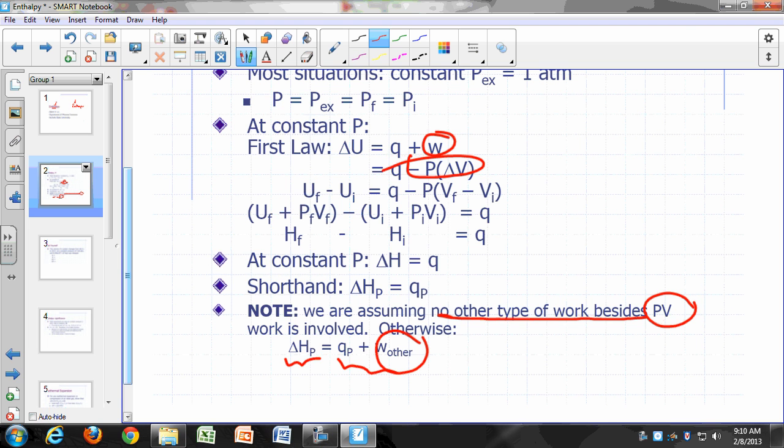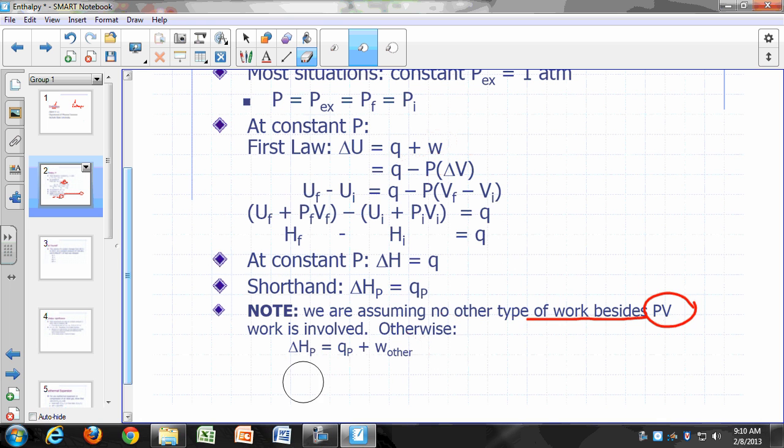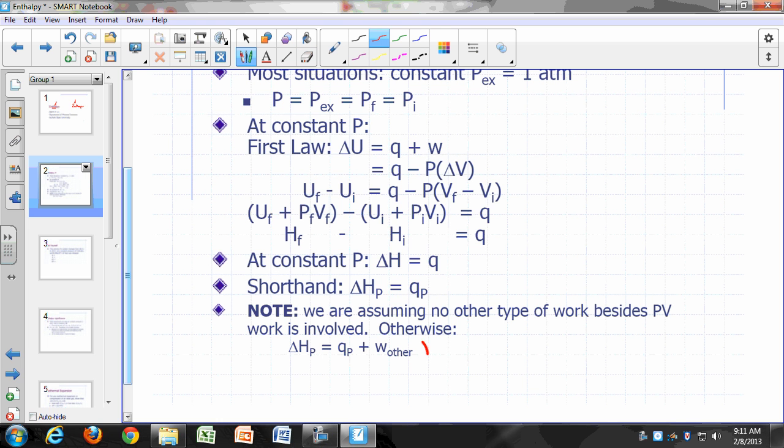So you might see a true or false question on an advanced test that says delta H is equal to Q at constant pressure, and you might be surprised to see that the correct answer is false, because it's not really just Q. It's Q plus other types of work. But for most cases, we're not going to be dealing with that, so delta H is equal to Q.